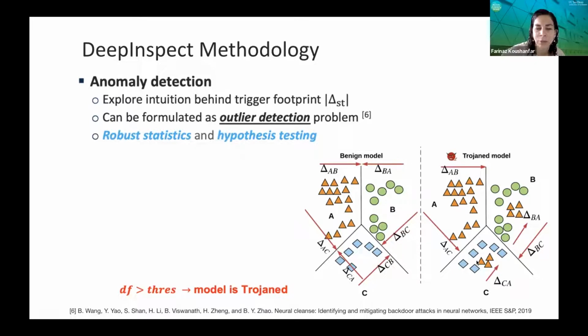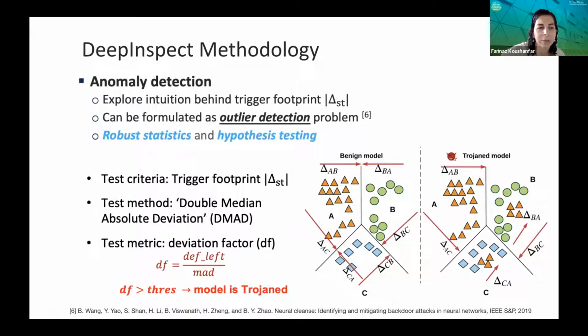If not, you do otherwise. The test method is the double median absolute deviation: how much the median of this cluster deviates from the boundary, and the deviation factor is basically a normalized version of this.